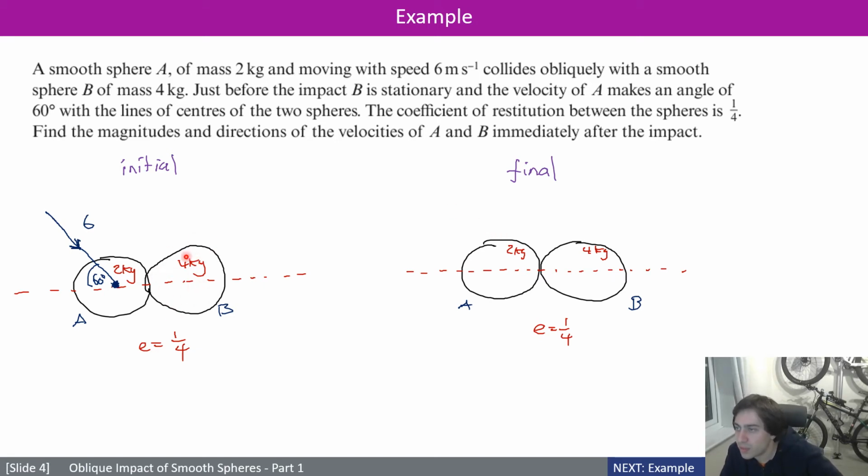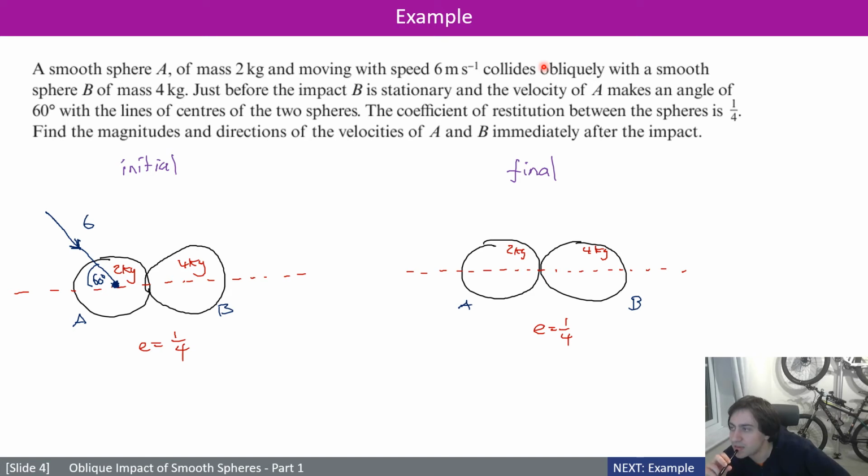Think about what's happening with this object B. When A hits it, which way do you think B is going to go? Think about it intuitively first. Is B going to go off at an angle? Is it going to just go off to the right? Is it going to angle down, angle up? So have a think what you think intuitively.